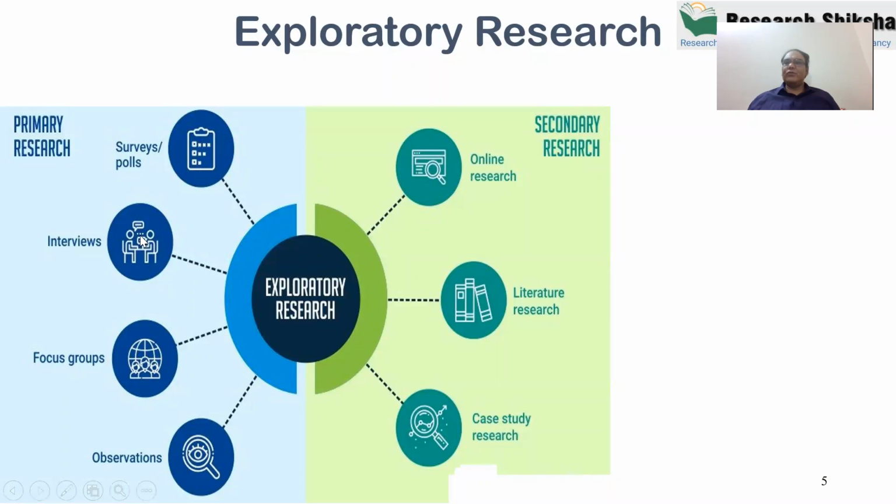You take interviews of the experts. There are two types of experts we consider in research. One is academic experts, the second is industry experts, or third is customers. So you will take interviews of three parties and you may conduct focus group interviews and observations, you observe something, and case study is also part of exploratory.